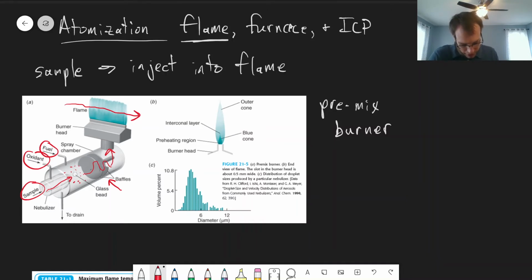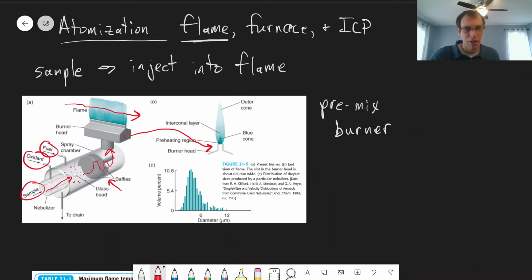If we look from the side, we can see here's the bottom, this part right here is down here, and here's our flame here. We see different regions in the flame that are different temperatures, and we want to pick the one that will optimize our signal.